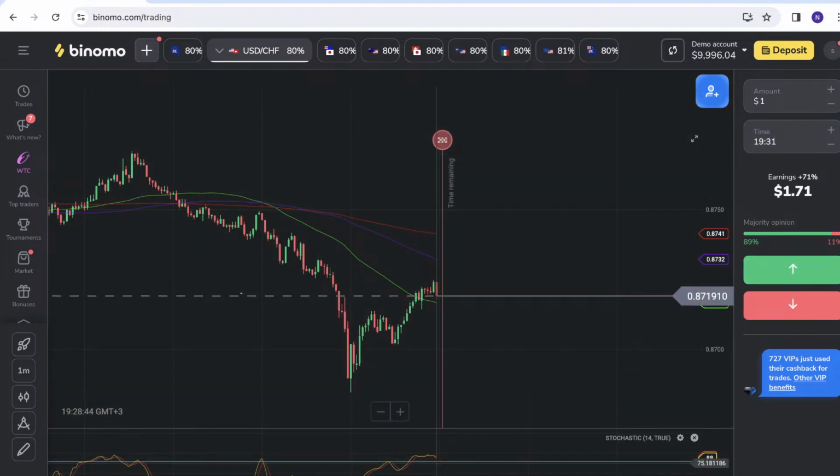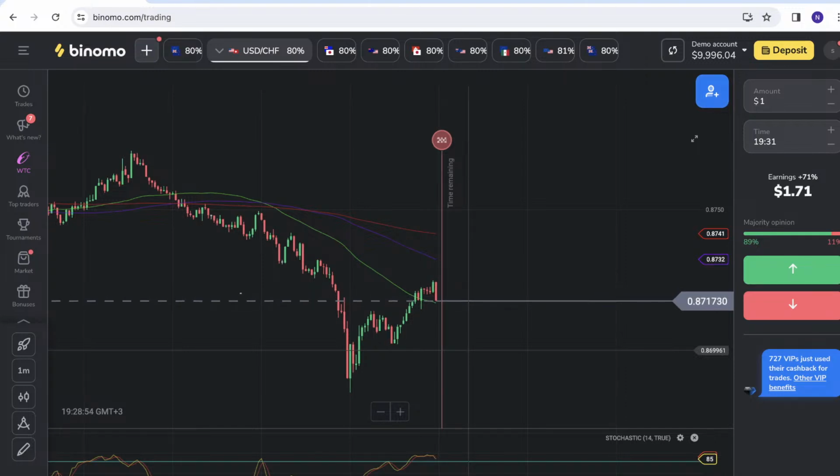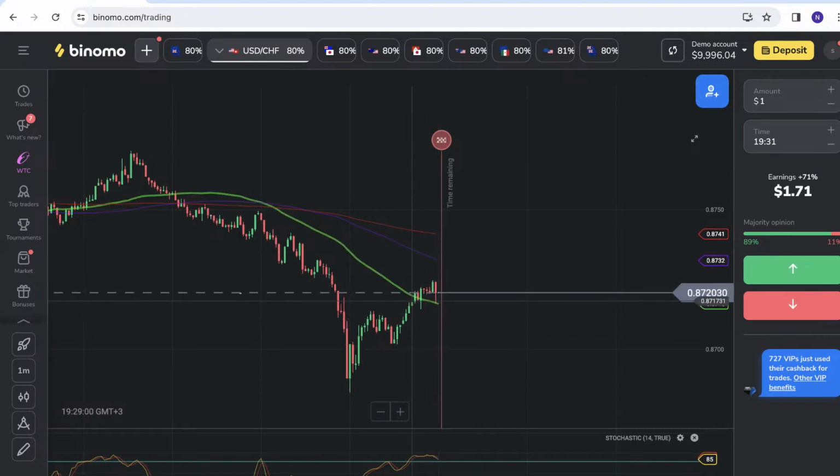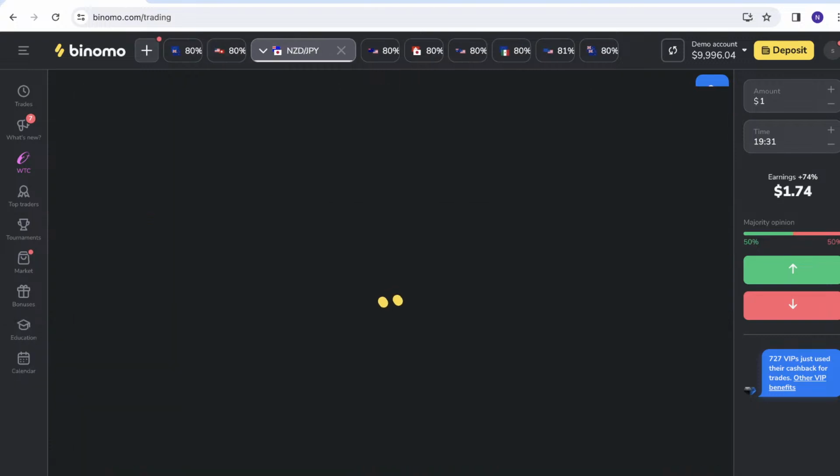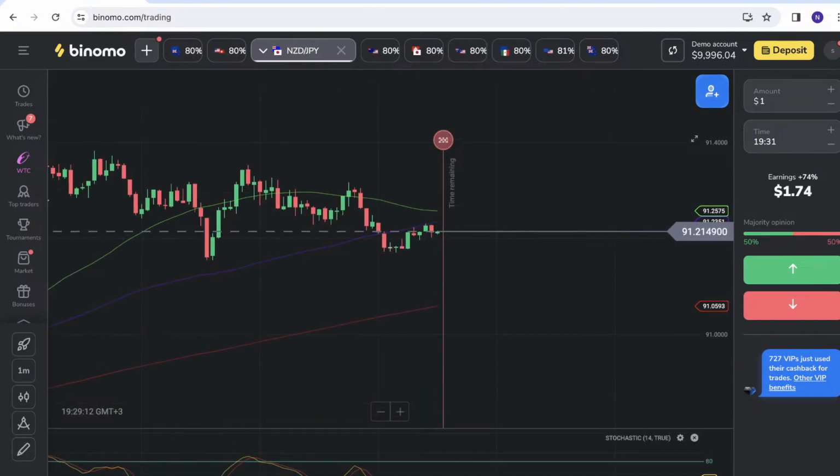When stochastic breaks the 80 level from top to bottom, at this point I will open a down trade. It is not a good trading signal, because price was testing and it broke the 50 period simple moving average. So I will not open a down trade here, because I think it's not a good signal for opening a trade.